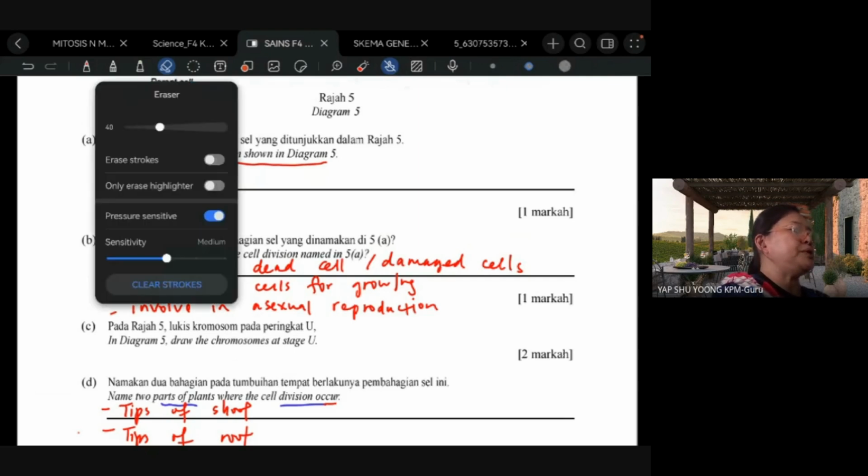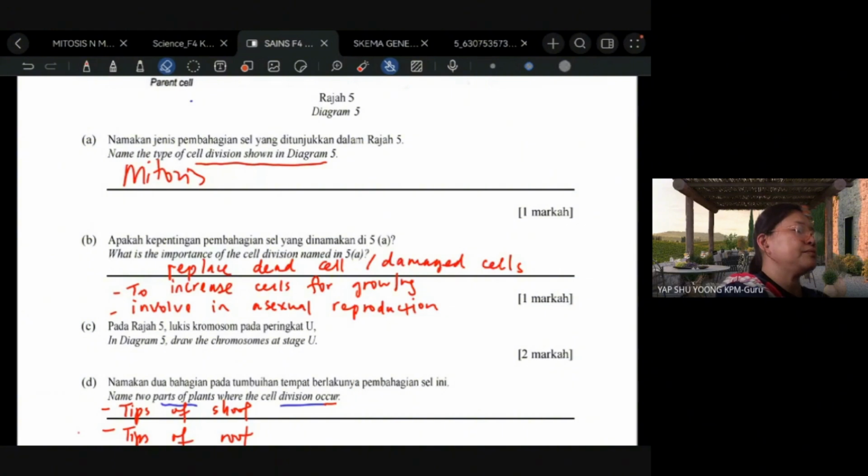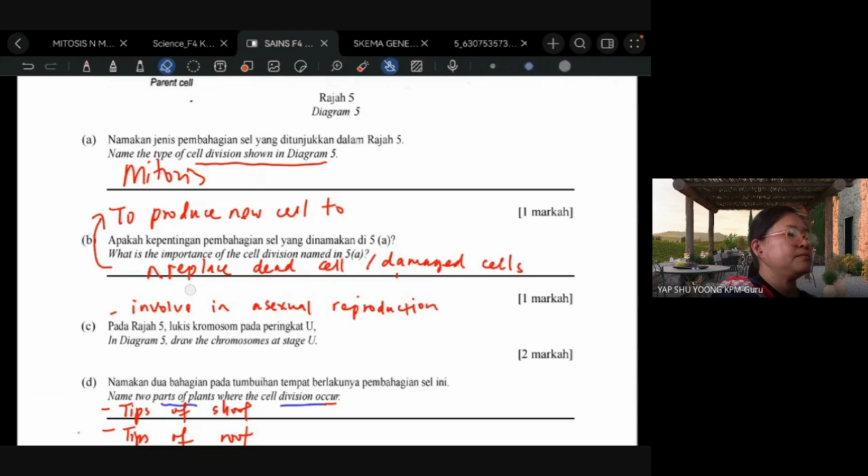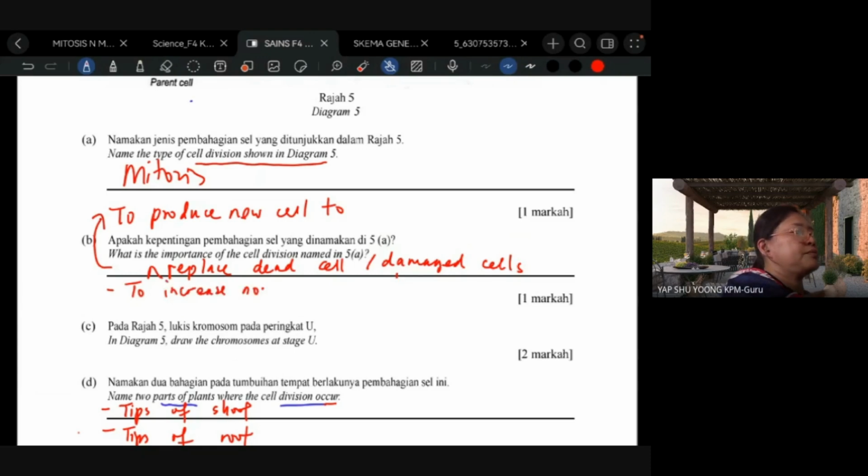I want you to add here: to produce new cell to replace dead cell or damaged cell, to increase the number of the cells, for growing.